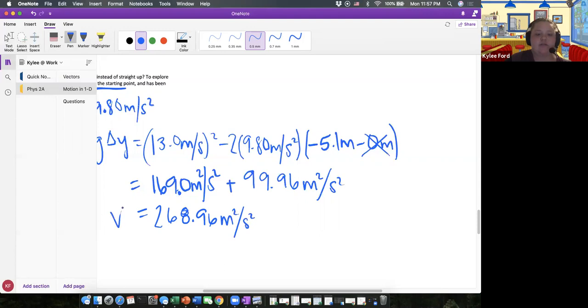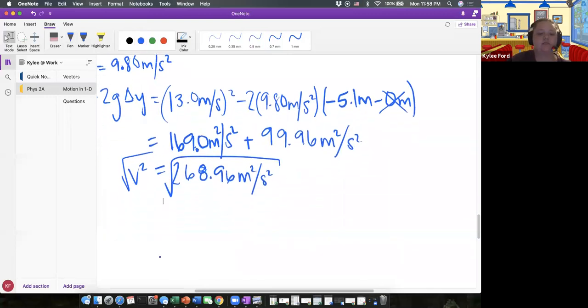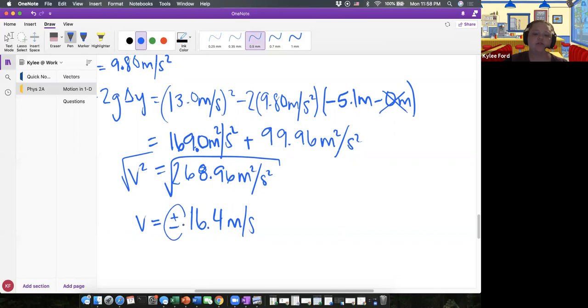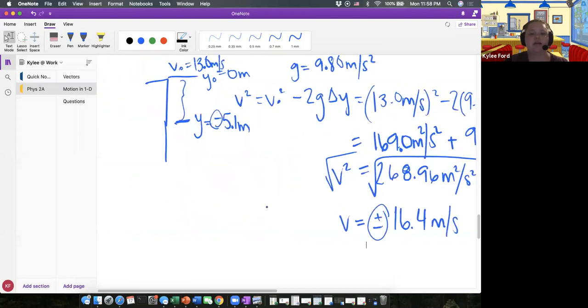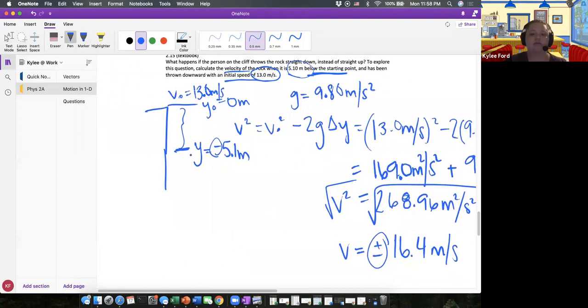Remember this is our velocity squared, so we'll have to take the square root of both sides. Our velocity then is positive or negative 16.4 meters per second. Now we need to figure out which value. Is it going to be the positive value or the negative value? Again, we want to look at our diagram here.